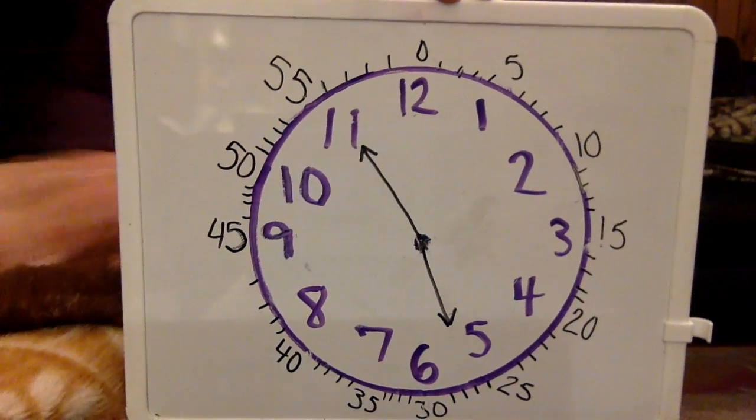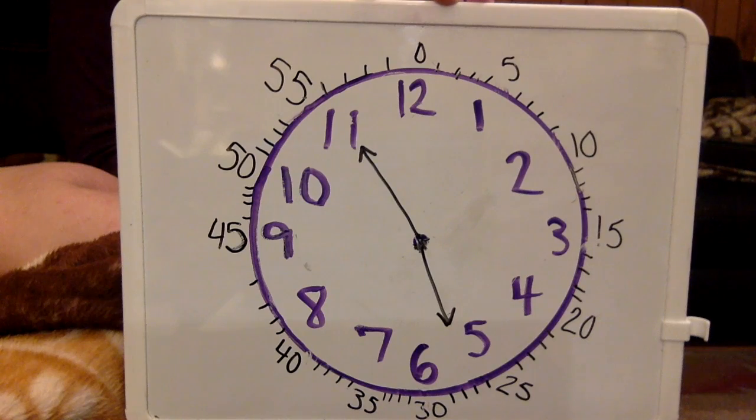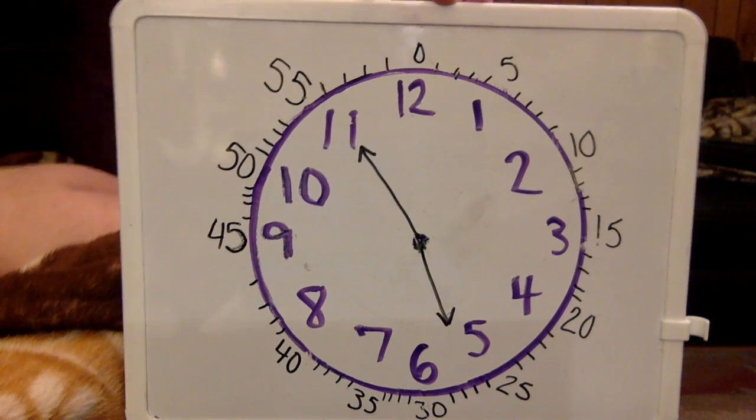So now, to see how much you learned, I'm going to give you about 30 seconds to see if you can figure out the time on this clock. You may pause the video if you need more time.